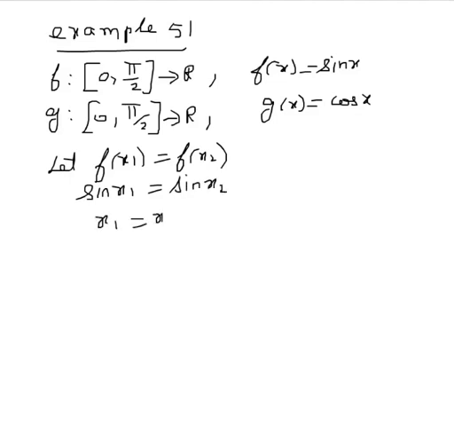Therefore, x1 is equal to x2, if x1, x2 belong to the first quadrant. If first and second quadrants are included, we may have the same values for two different angles. But in this first quadrant, for different angles, we get different sine values. Therefore, it is a 1-1 function.